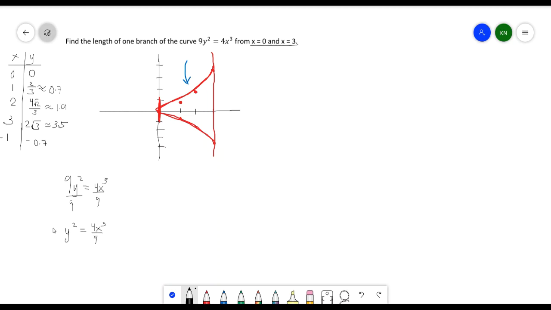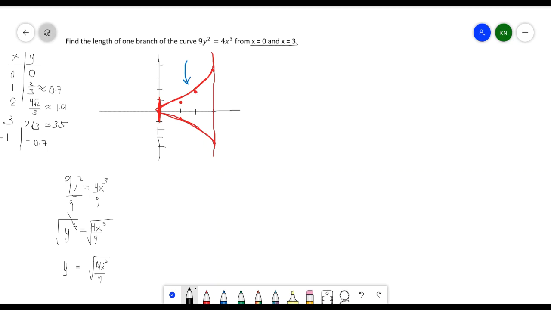And then to isolate y, we can square root this and this one as well. So basically y is equivalent to square root of 4x cubed over 9. So this is now our function that we will be using afterwards.